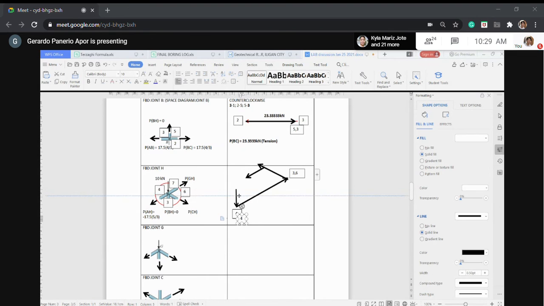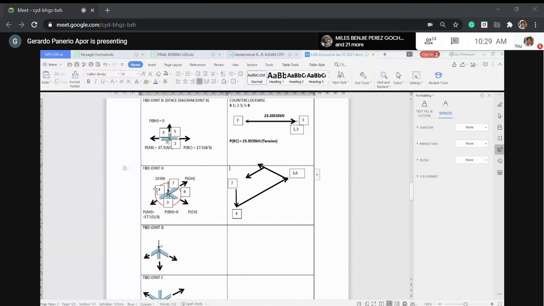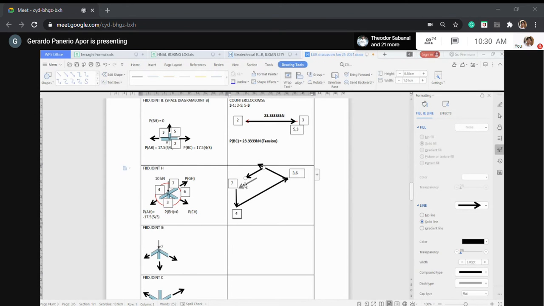So this must be 7. I should start at 7 to 4. So it's going down by 10. This 10. Okay, so this should be 10 here. And then, so that it will come back there, your arrow must be here. It should close.